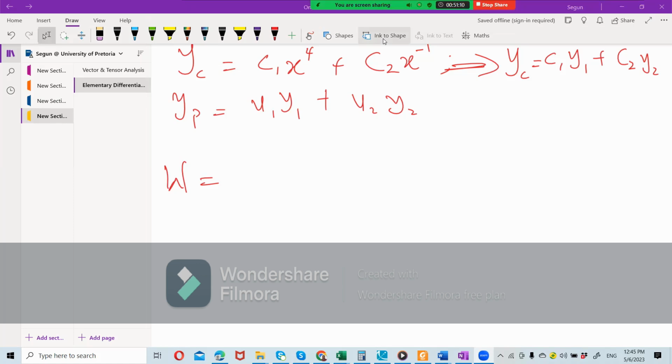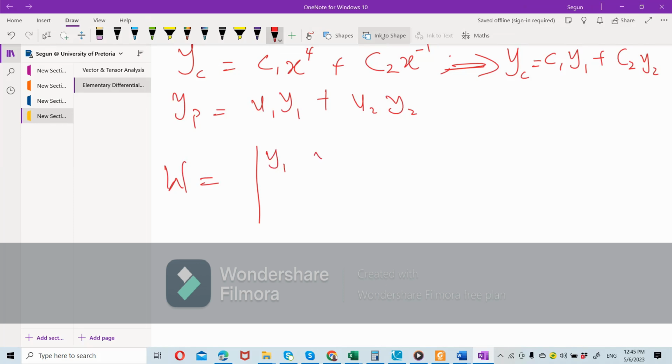Let's proceed. For M1, we know that the Wronskian is y1, y2, then y prime 1, y prime 2. That is our Wronskian, right? So what is y1 in this case now?